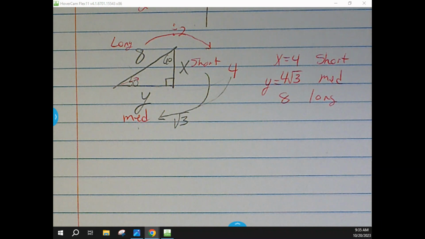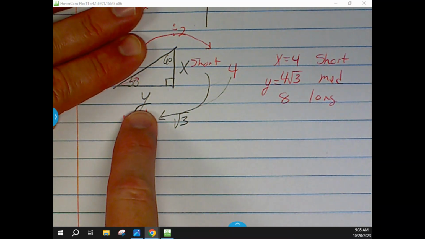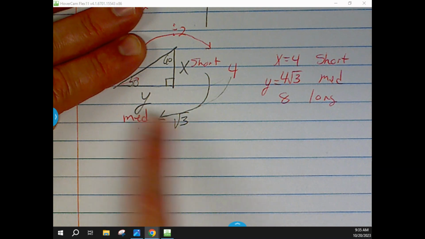What if you're given the medium side? Ah, fantastic question. That's worth a Tootsie Roll. Or Starburst. Which one do you want? All right. Okay, if you're given the medium side, and you've got to get back to the short side, because let's say they don't give you this one, they give you that this length is 4 square root of 3.